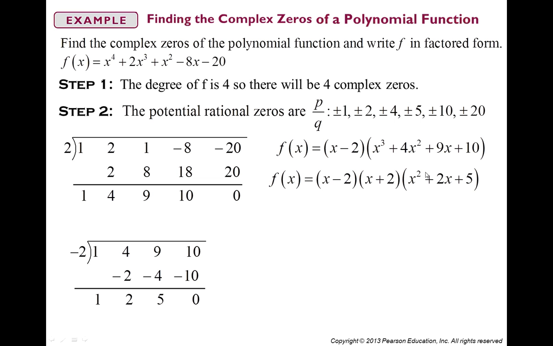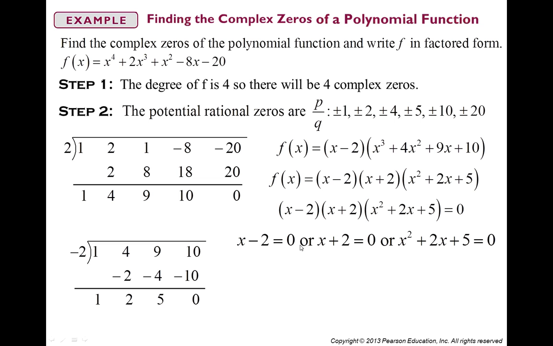So now I should be able to factor this. And if it's not factorable, then we have to use the quadratic formula to find the zeros. So we set this whole thing equal to 0.